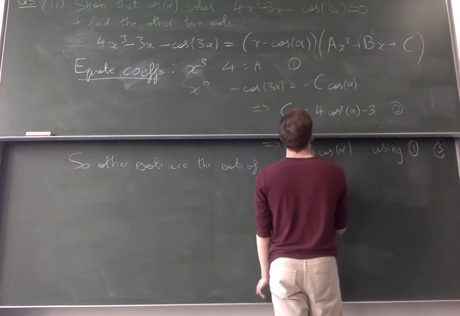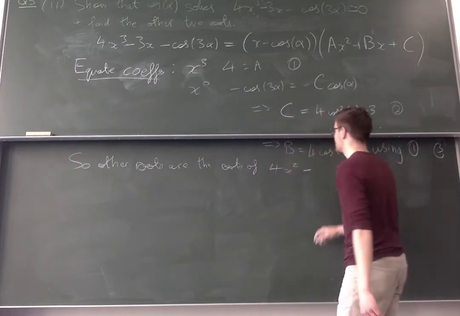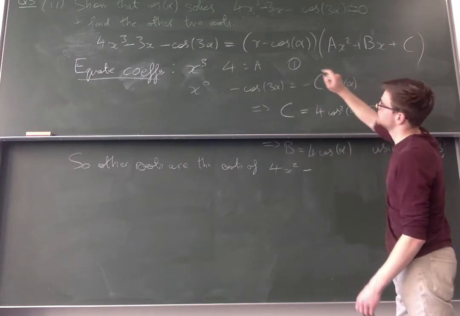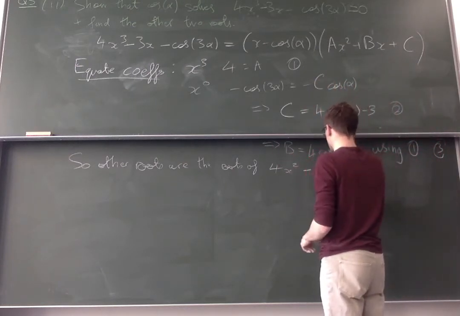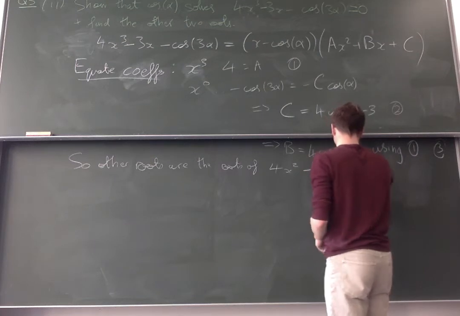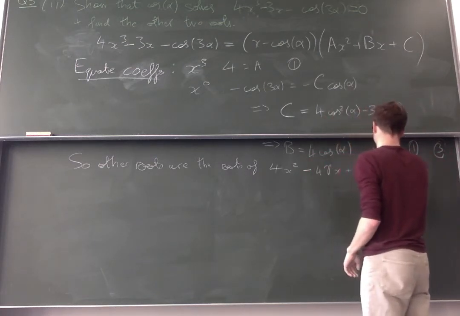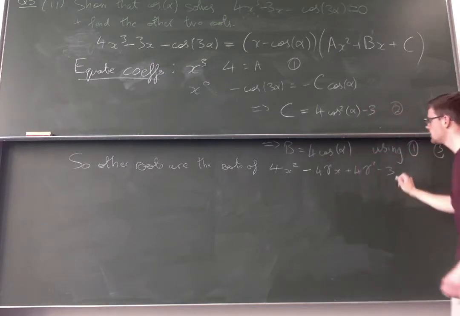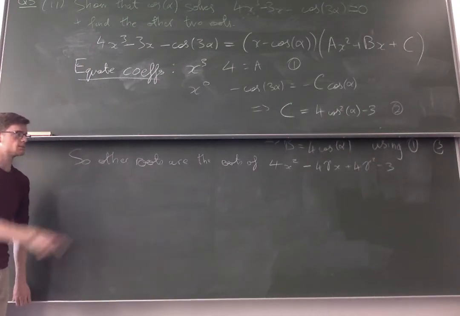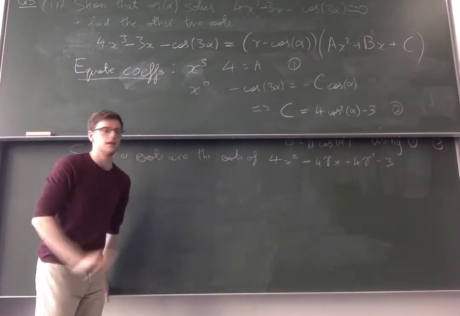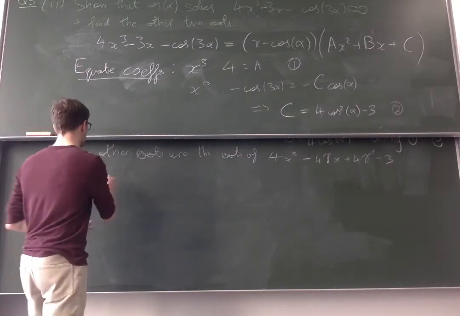So it's this quadratic here with the coefficients: 4x squared plus 4 gamma x plus C, which was 4 gamma squared minus 3. Now we know how to solve quadratics. By the way, this is quadratic in x, not in gamma. We know how to solve quadratics just using our quadratic formula, so let's do that.